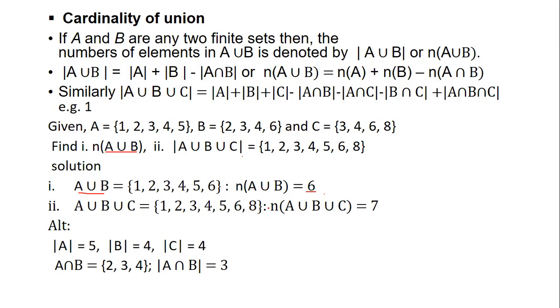Now let's do the alternate approach. I've explained this topic to you. N of A union B equals N of A plus N of B minus N of A intersection B. So let's find the cardinality of A. You have 1, 2, 3, 4, 5, so N of A is 5.